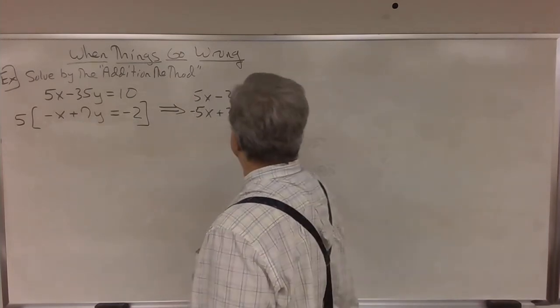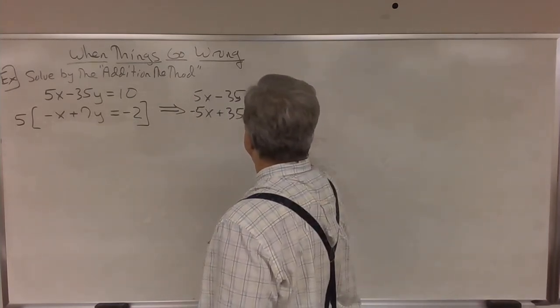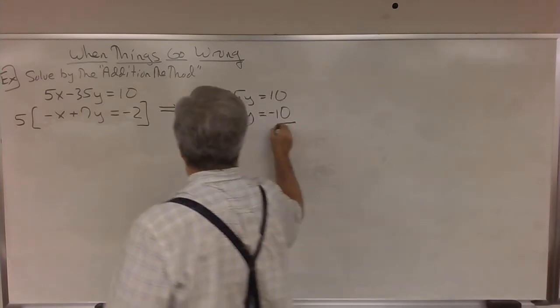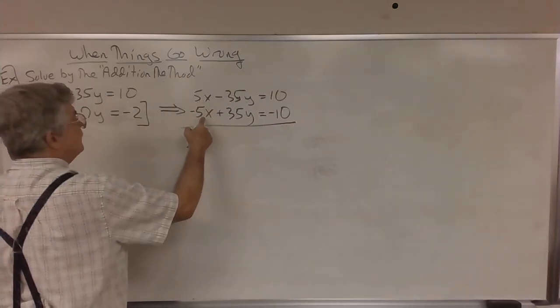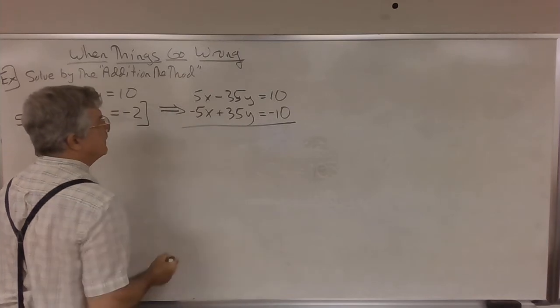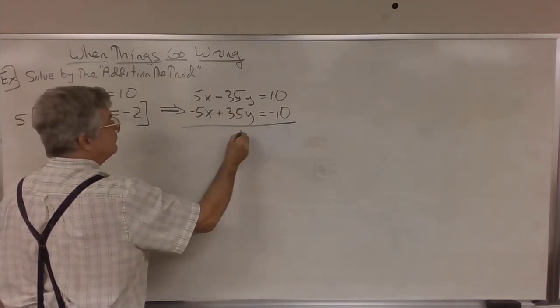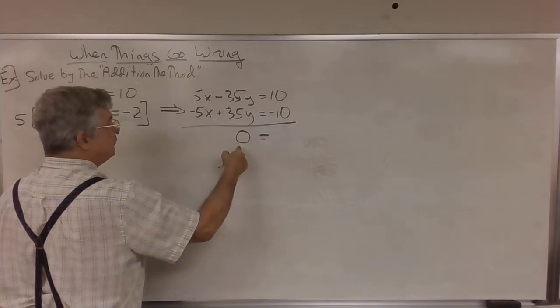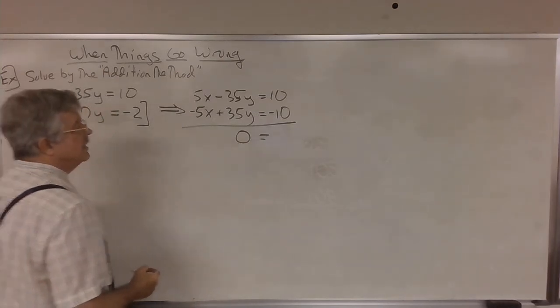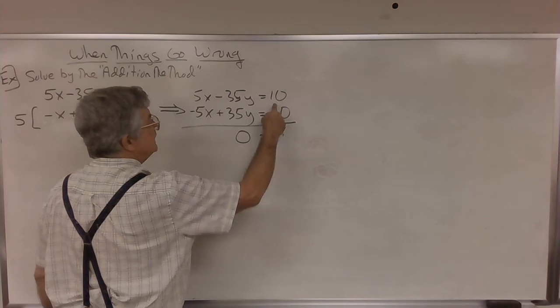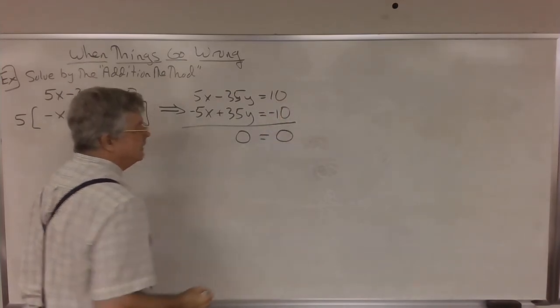And 5 times negative 2 is negative 10. And we add these together and the x's wipe each other out. And the 35y's wipe each other out. We get 0 on this side of the equation. And we get 0 on the other side of the equation.